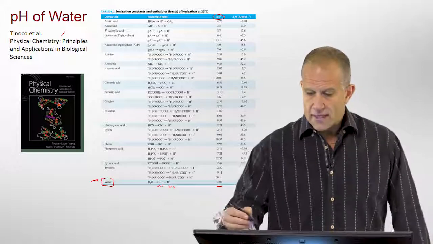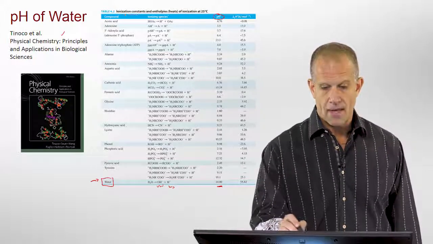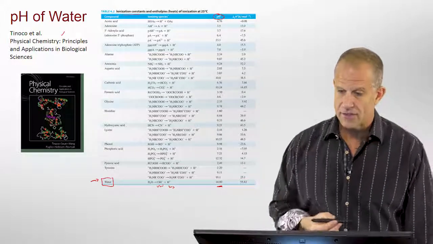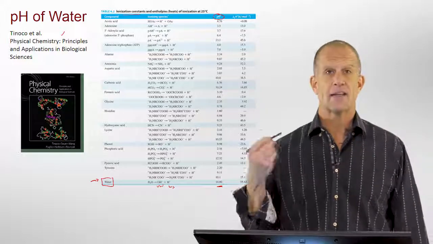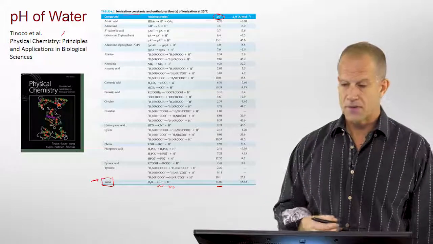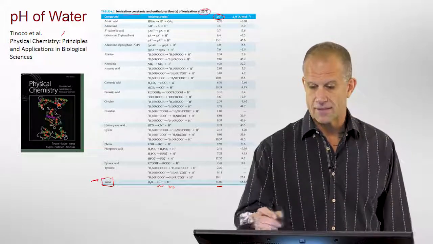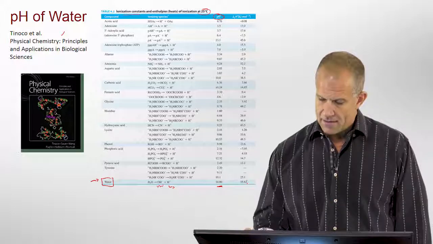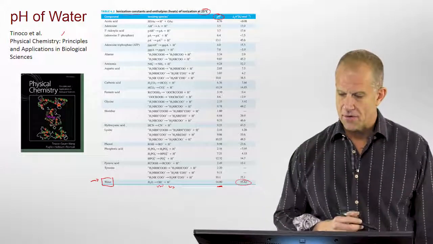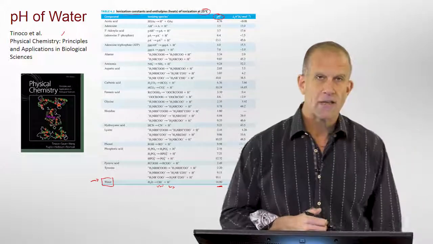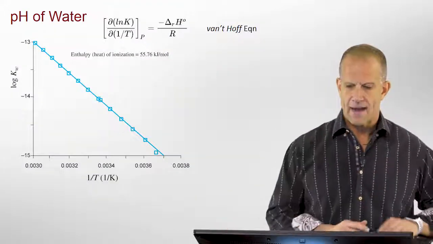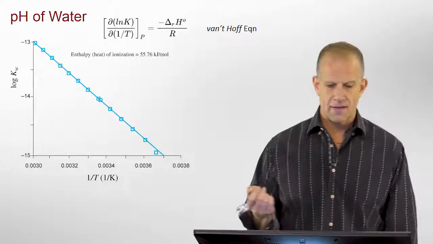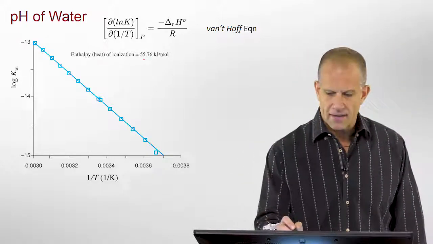You can also, for any of these, look up the ionization enthalpies. And usually it's, of course, under standard state conditions, so standard pressure and temperature of 25 degrees Celsius. And you look that up and you see a value of 55 kilojoules per mole.